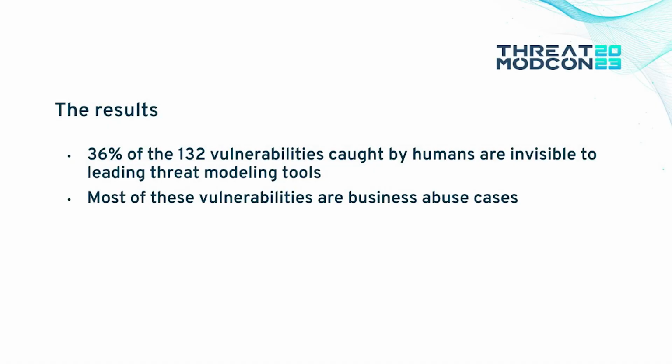And I threat modeled those applications in the 3 shortlisted tools. I analyzed each list of threats generated by the 3 tools to see if the 132 vulnerabilities caught by humans were caught by at least one of the 3 tools. And the result is that 36% of the 132 vulnerabilities caught by humans are invisible to the leading threat modeling tools.